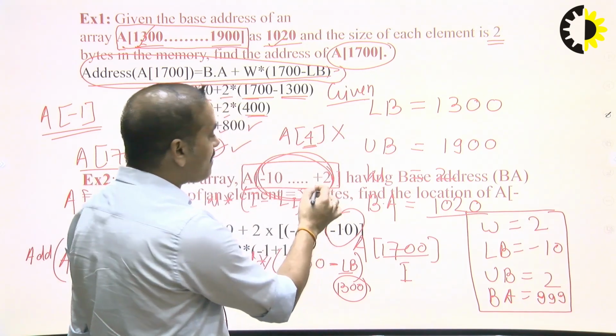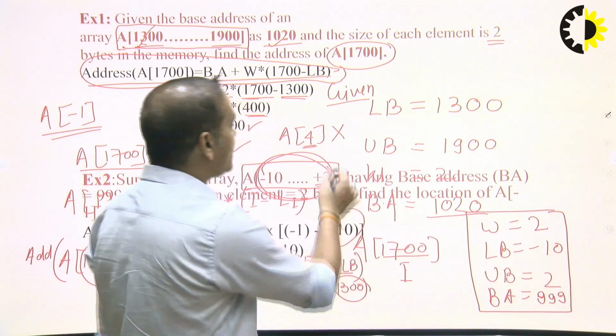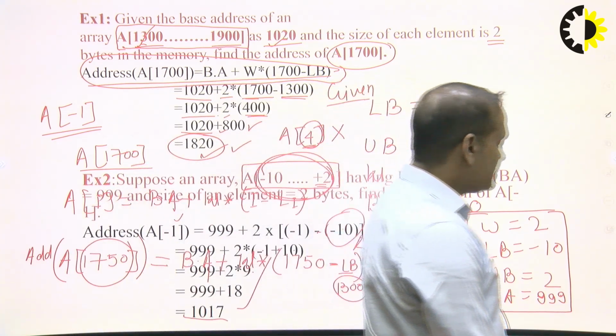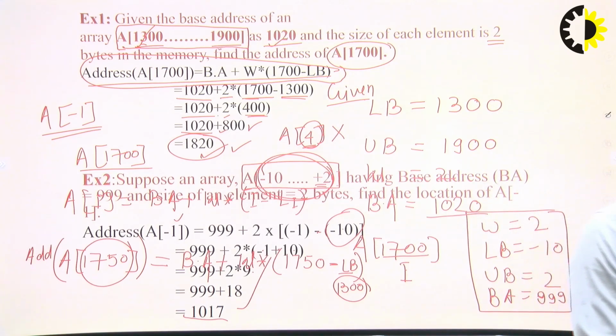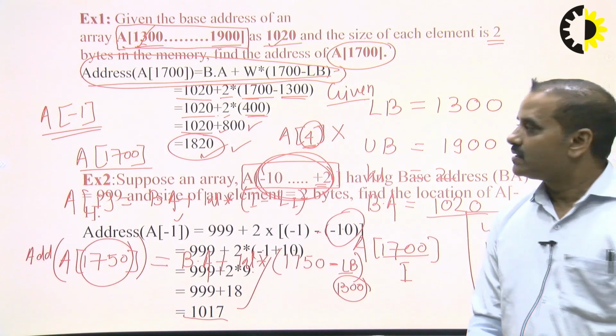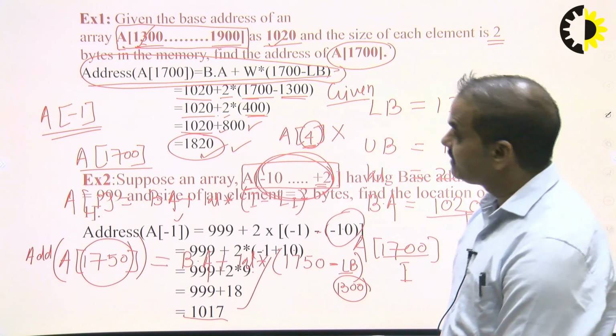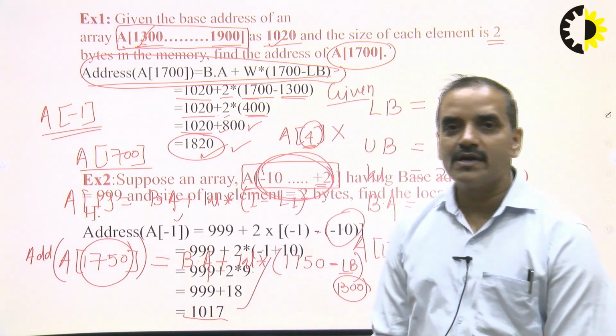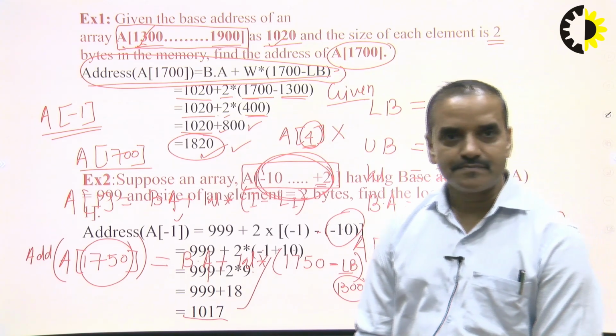The upper bound of the array is plus 2, so we can't calculate the value of A4. This must be kept in mind: the address must be calculated within the given range. If the index is out of the range, we can't calculate the address of the given element.